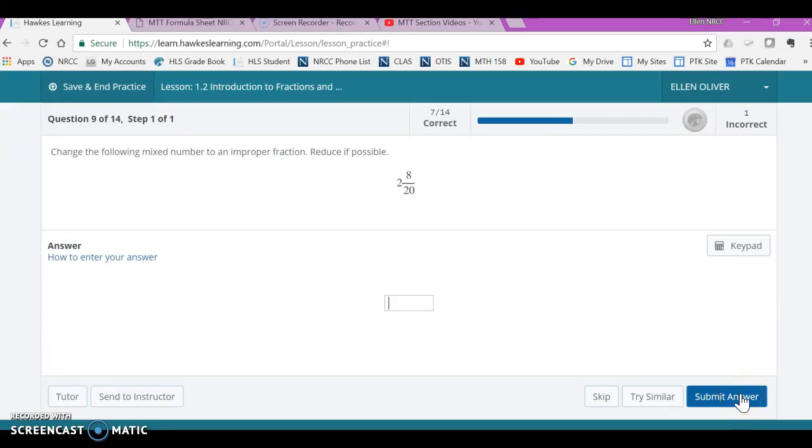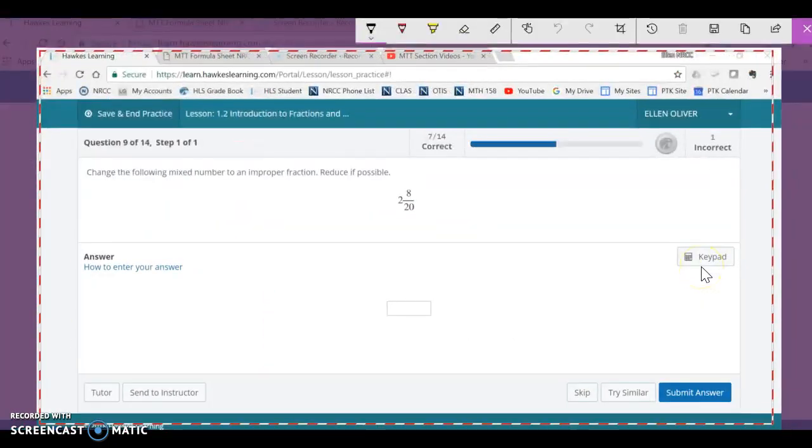All right, now we need to change it to improper. Here is a great example of something that this software will do often. And if you get used to noticing it, your life will be a lot easier. Because as you know, we can't use a calculator for Unit 1. So we need our numbers to stay as small as possible.